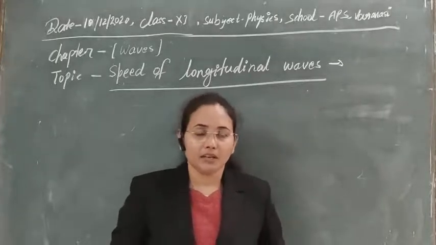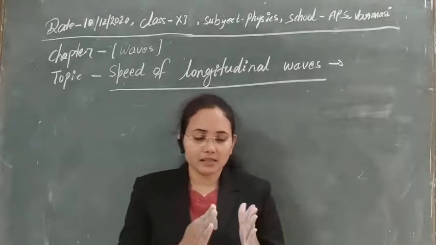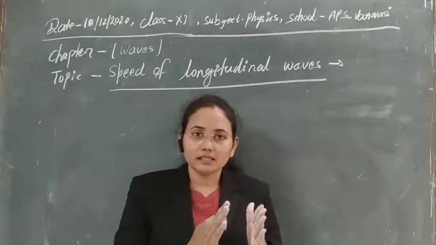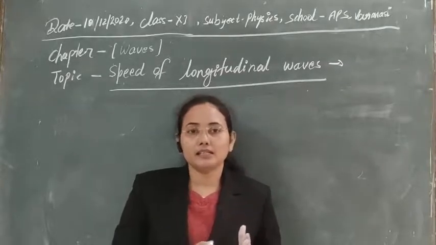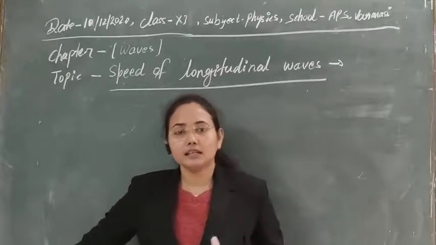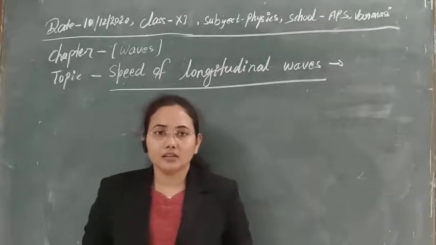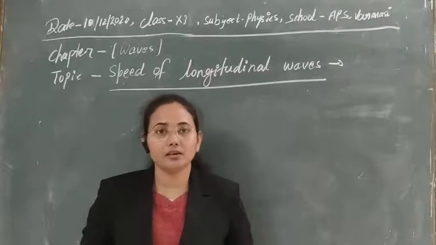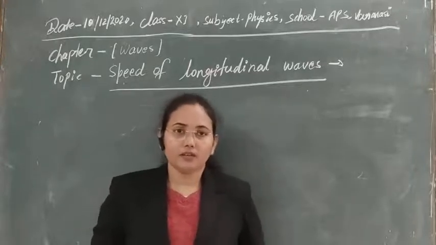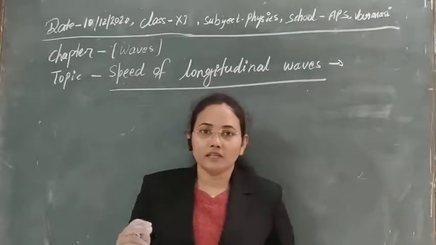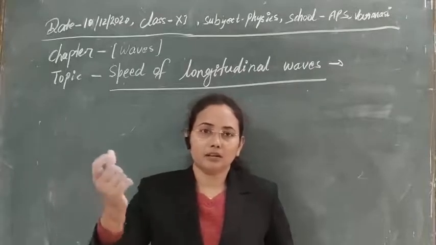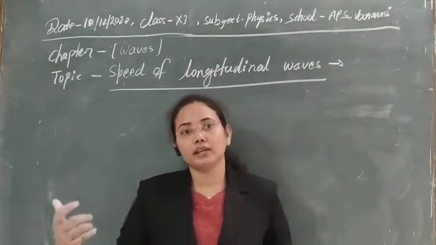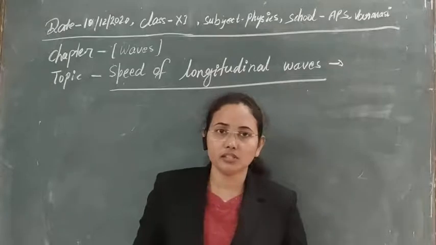Second factor: whenever particles come closer to each other, the density increases, or here the density is decreasing. It means the second factor on which the vibrations depend is the density of the material. So if the particle oscillation depends on these two factors, then obviously the wave velocity will also depend on these two factors.